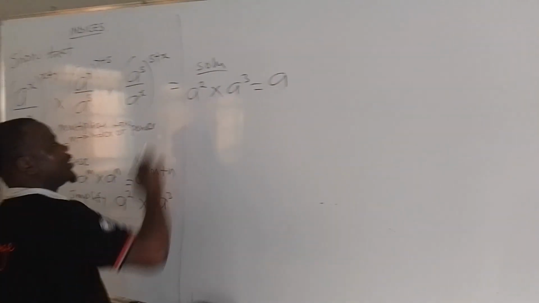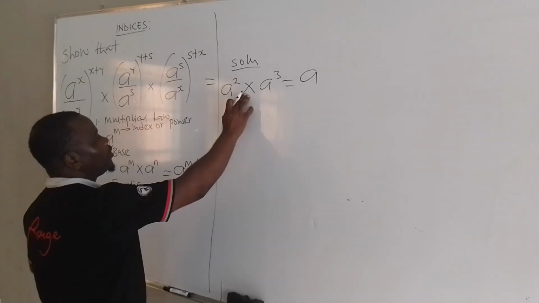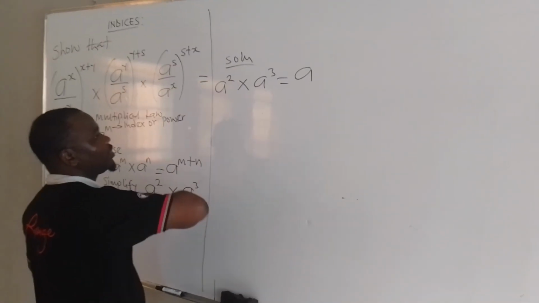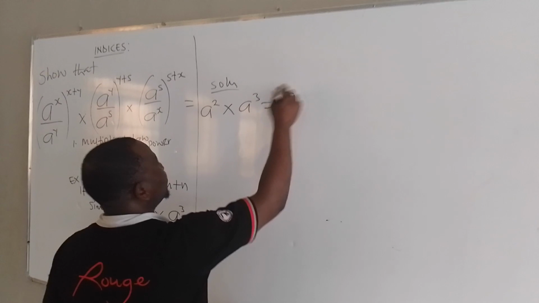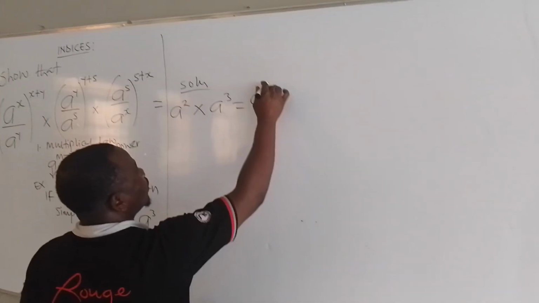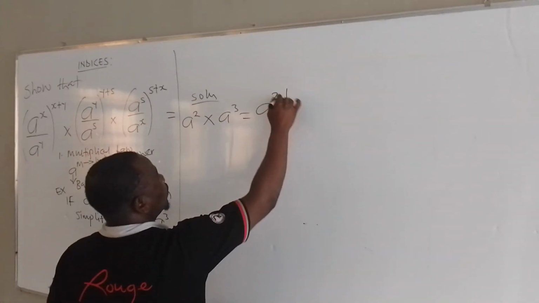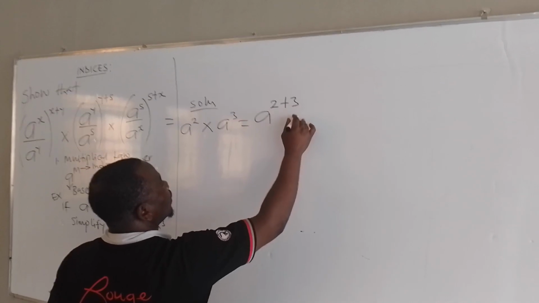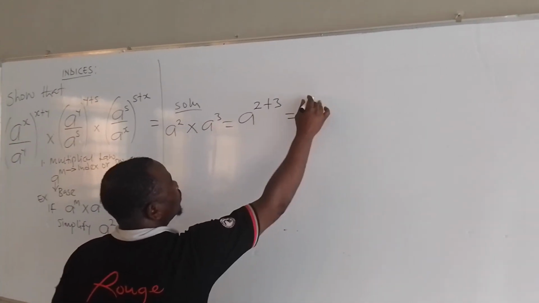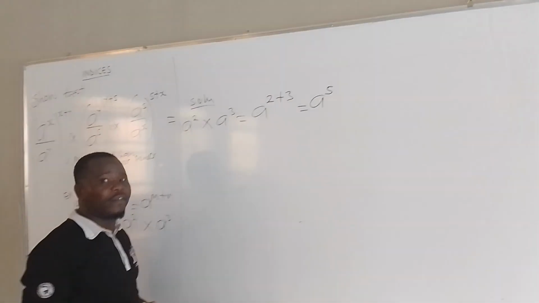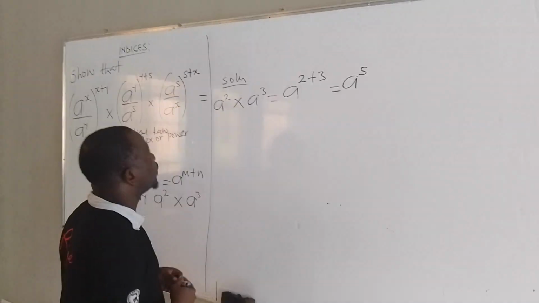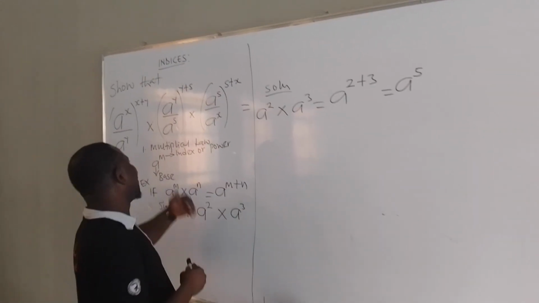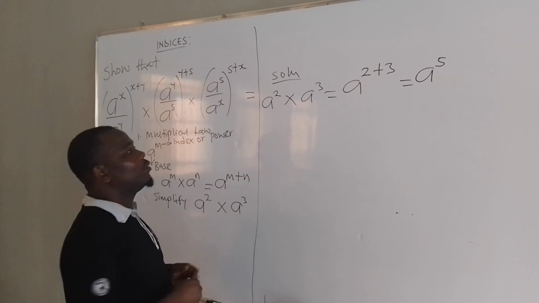Since the operation here is multiplication, in the laws of indices, if it is multiplication and the bases are the same, you add the powers, isn't it? So a raised to the power of 2 plus 3, which equals a raised to the powers of 5. So you agree with me. So that is the multiplication law.